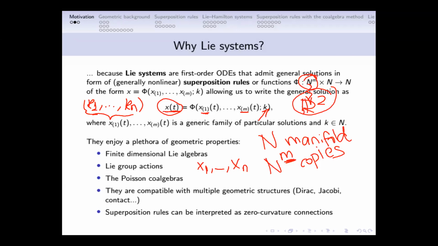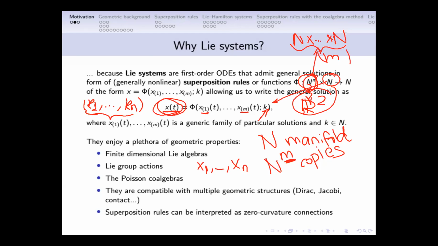What's the domain of phi? Look, this one is times m, because you have to copy it m times because of the particular solutions. Yes, and then this one is for k, and this one is the result.